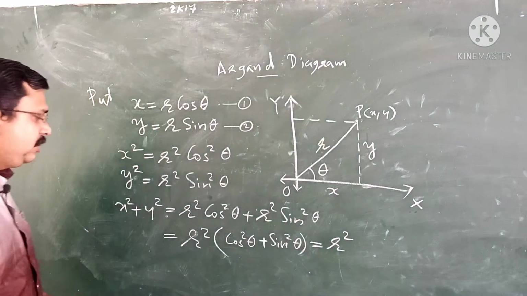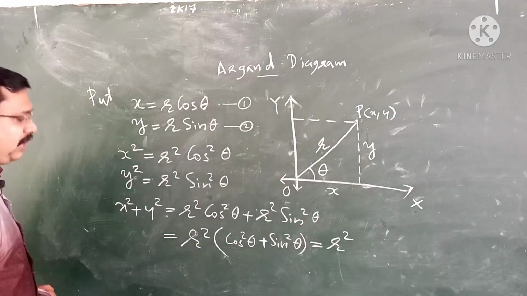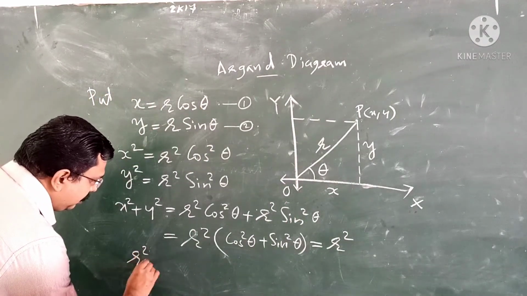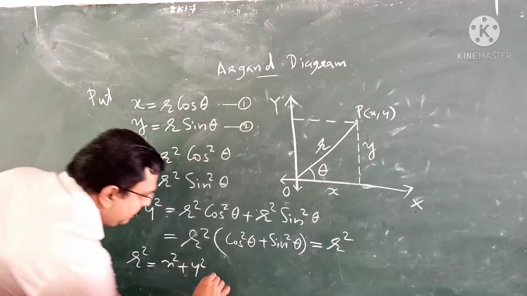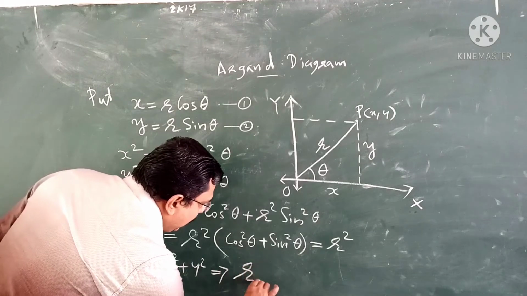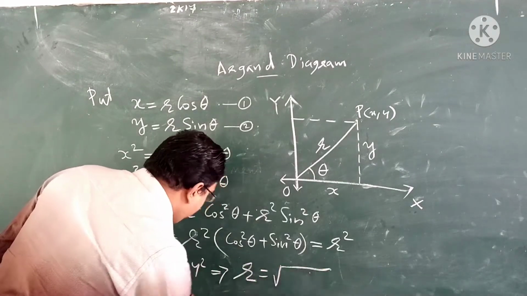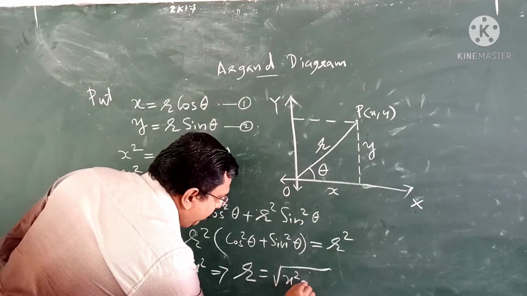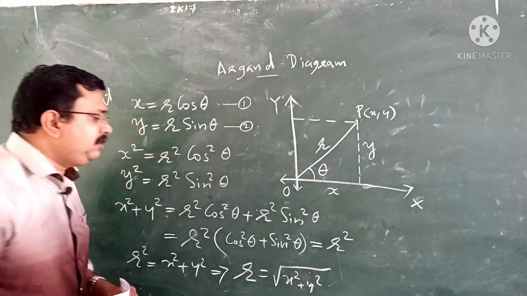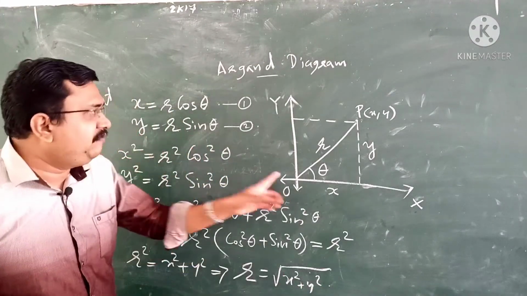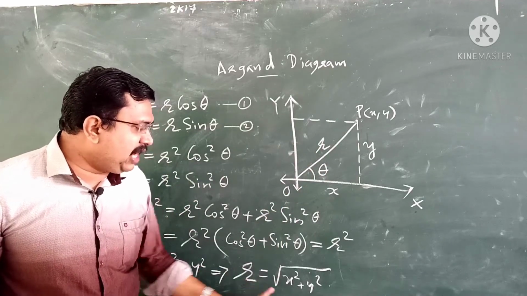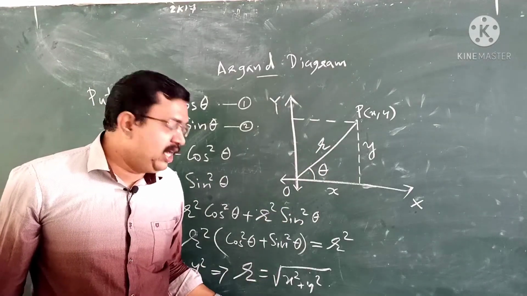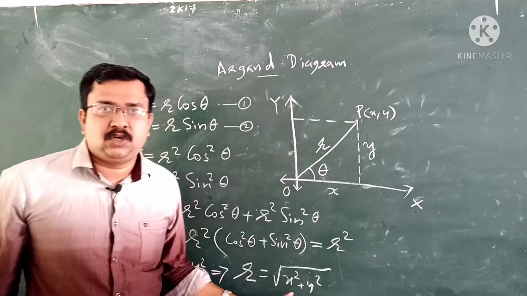That is r square. Remember that r square is x square plus y square, which implies r equal to root of x square plus y square. We take the positive value only because OP is r, that is a distance.